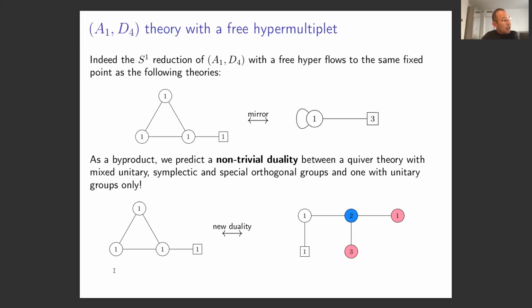Here you have 3 U1 gauge groups with 1 flavor. Here you have U1, USP2, SO1, SO3, and then U1. So it's a highly non-trivial type of duality between a unitary quiver with all unitary gauge groups and a quiver with unitary mixed with special orthogonal and symplectic nodes.